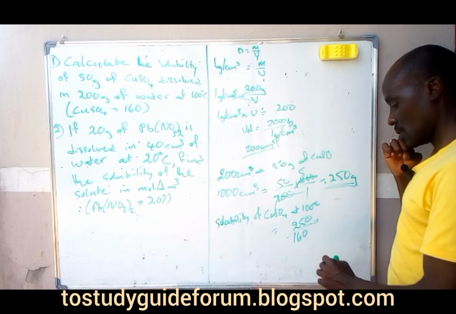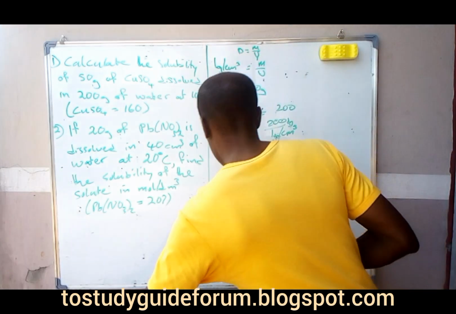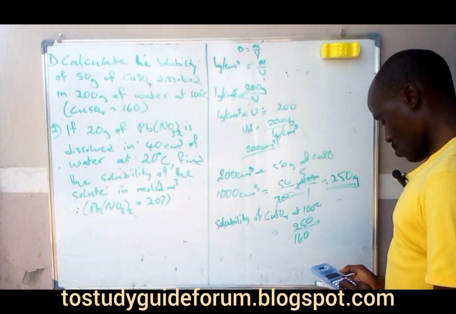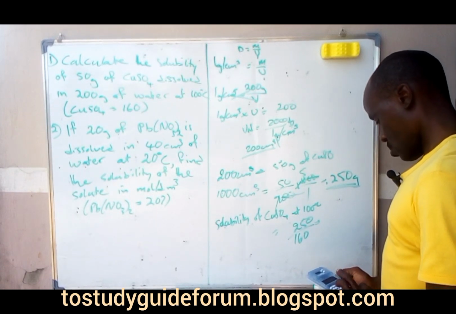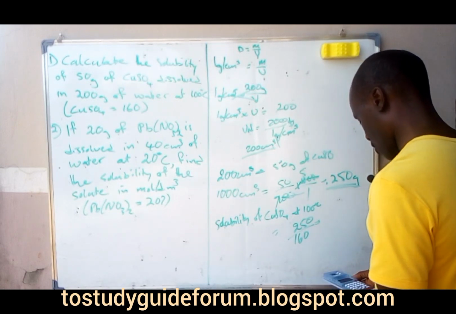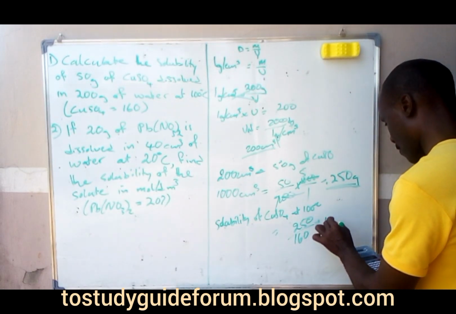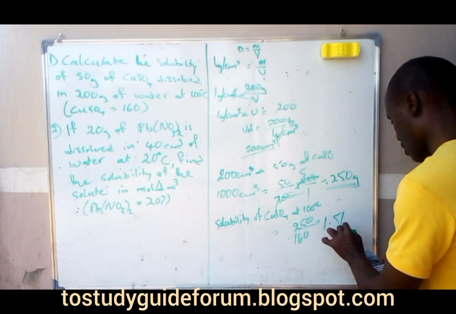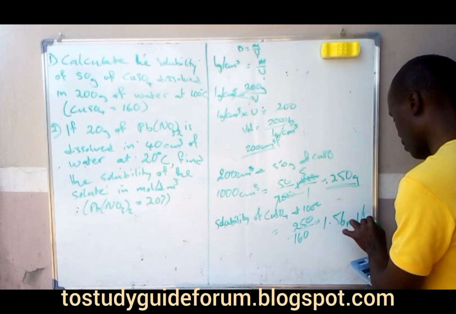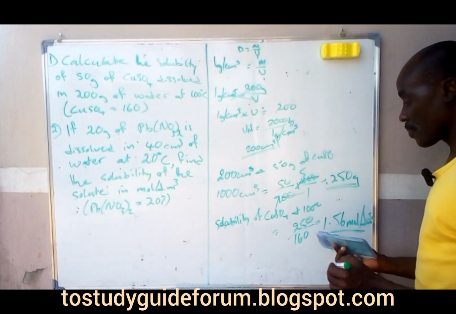Let me use the calculator and do this. 250 divided by 160 gives us about 1.5 mole per dm cube. That's for the first one.